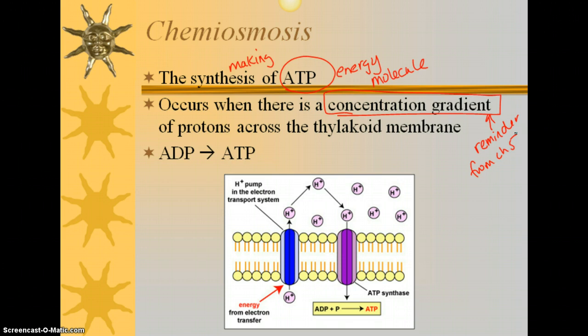Okay, and this thylakoid membrane is here. You can see this phospholipid membrane. And so the hydrogens are being pumped across the membrane, which we talked about in chapter 5. And what ends up happening here is we take adenosine diphosphate and we turn it into adenosine triphosphate. And this is the goal, to get some ATP.